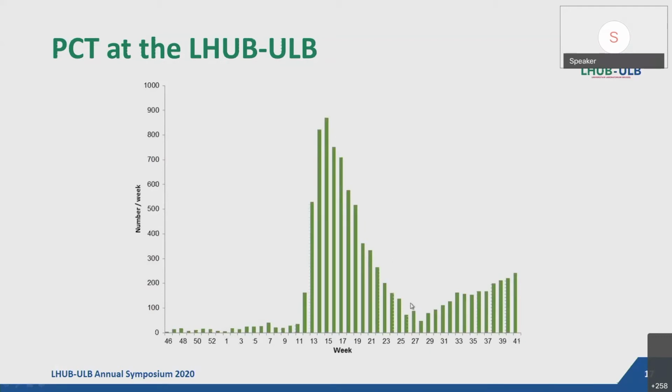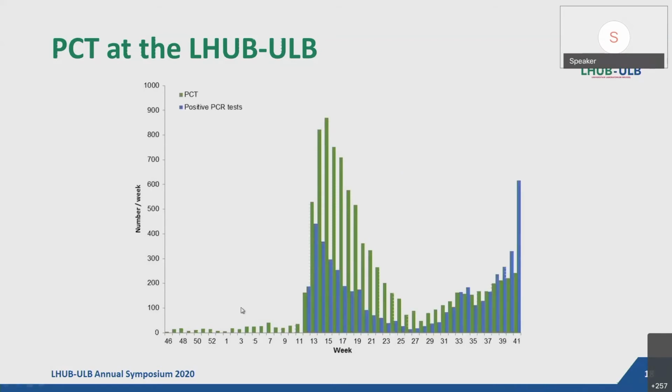And then in July, we had a mini wave, and maybe now we have something that could be called a second wave. I should ask Ivan Latam if we can call it a second wave. But indeed, the picture is quite close to the evolution of positive PCR tests for SARS-CoV-2, of course.